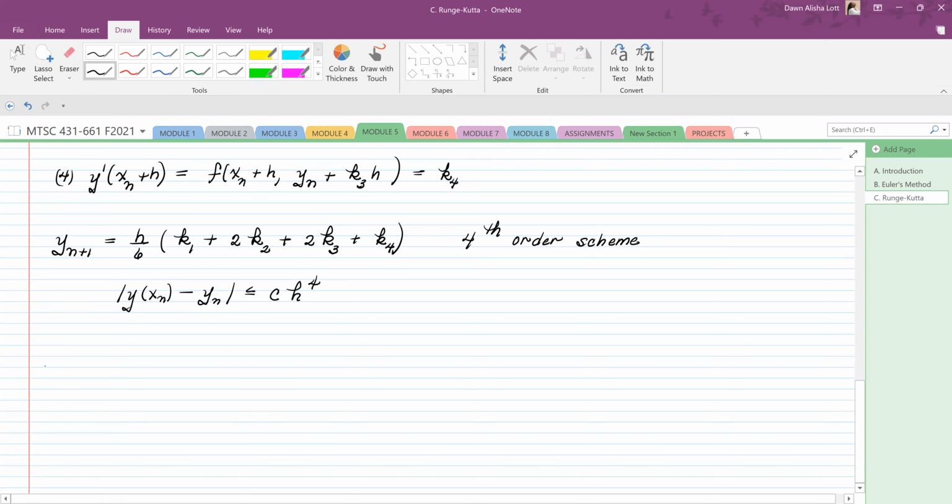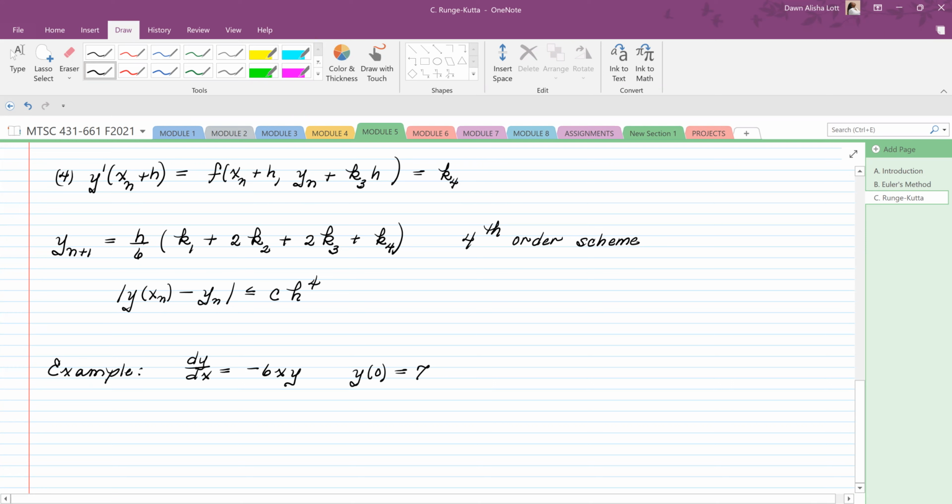So say we were going to compute, here's an example. So we have dy dx is equal to negative 6xy, and y at 0 is equal to 7.